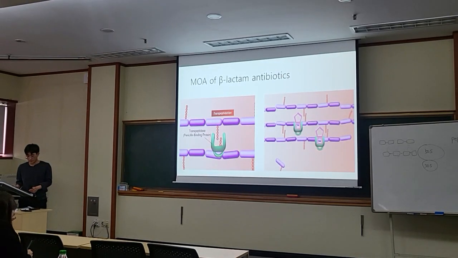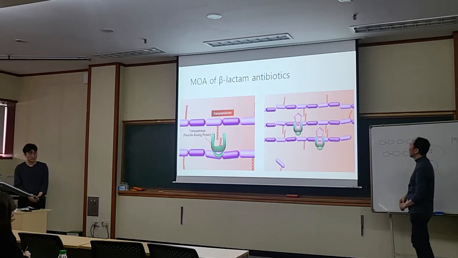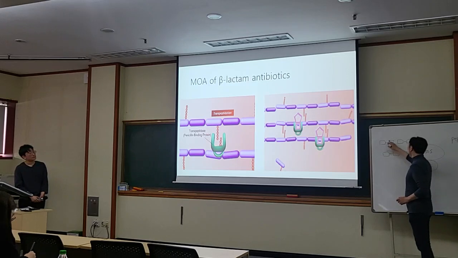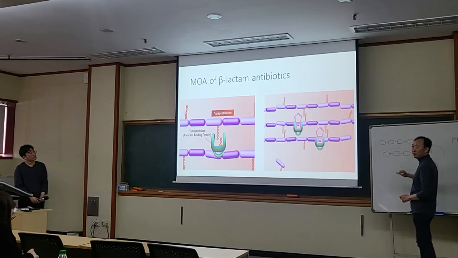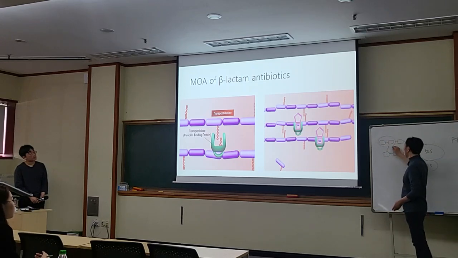Okay, as Henry mentioned, this is about blocking. One is the carbohydrate chain, and they need to cross-link like this. This is a small peptide unit. So two mechanisms have this effect. One is making these building blocks.